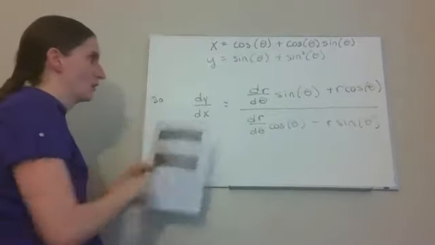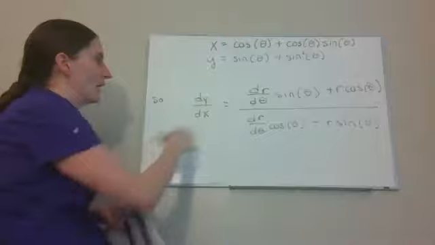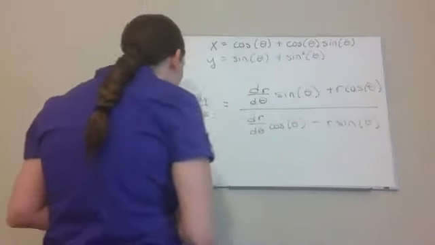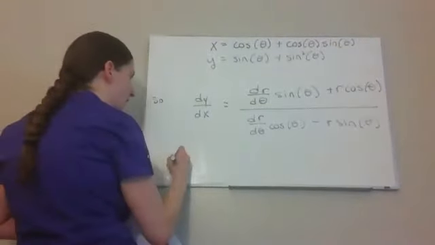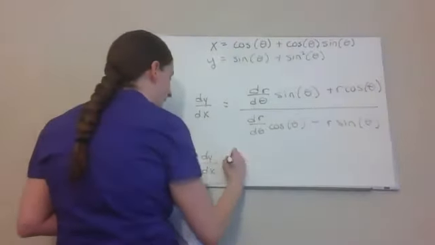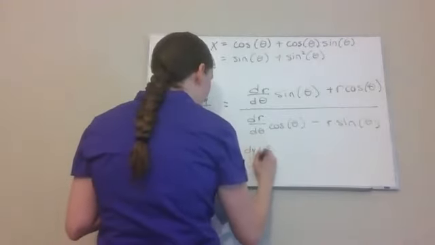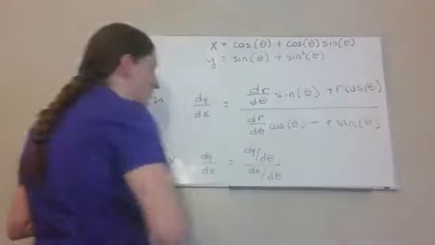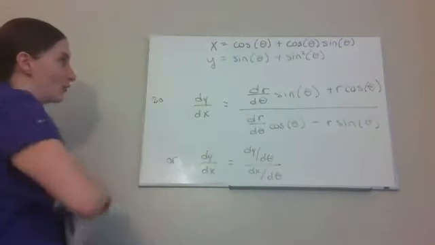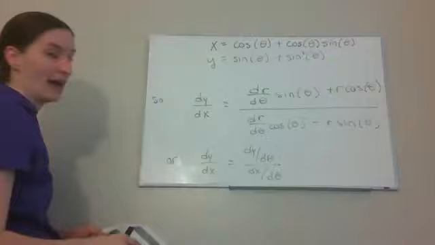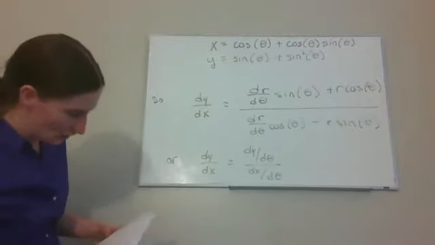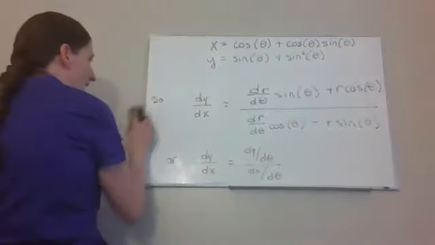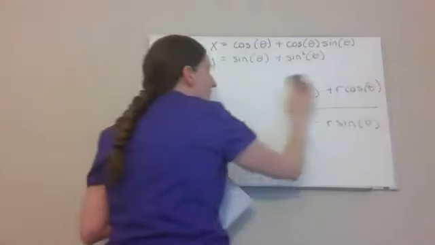I can either use this version of the formula where I need to find dr/d theta and just plug in all of this info, or I can remember that dy/dx is my dy/d theta over dx/d theta, and take the derivatives of my x and y with respect to theta and fill that in to be my slope of the tangent line. Since I already took the time to figure out my x and y, I'm going to do it that way.